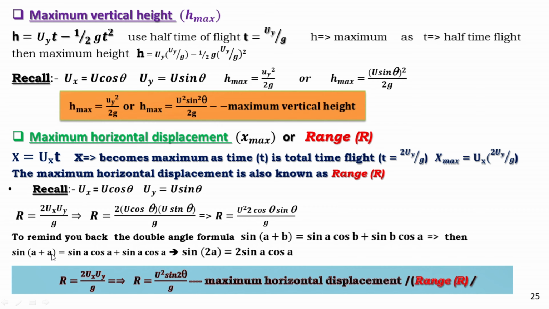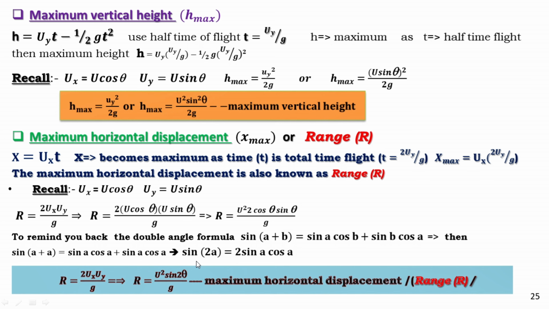If I use twice of a, sine a cos a plus sine a cos a, meaning sine twice of a is equals to twice of sine a cos a. The same way, if we use theta and theta here, it's possible to express it as sine theta cos theta plus sine theta cos theta, and at last sine twice of theta is equivalent to twice of sine theta cos theta.